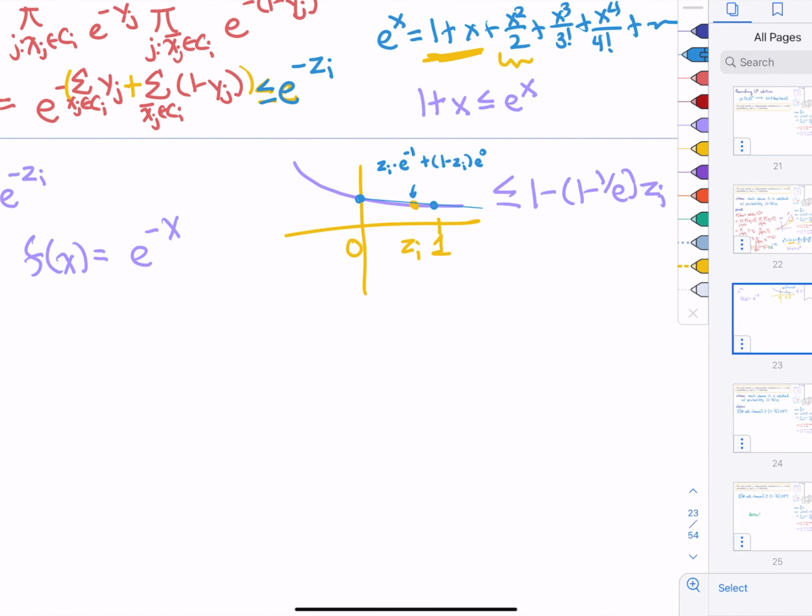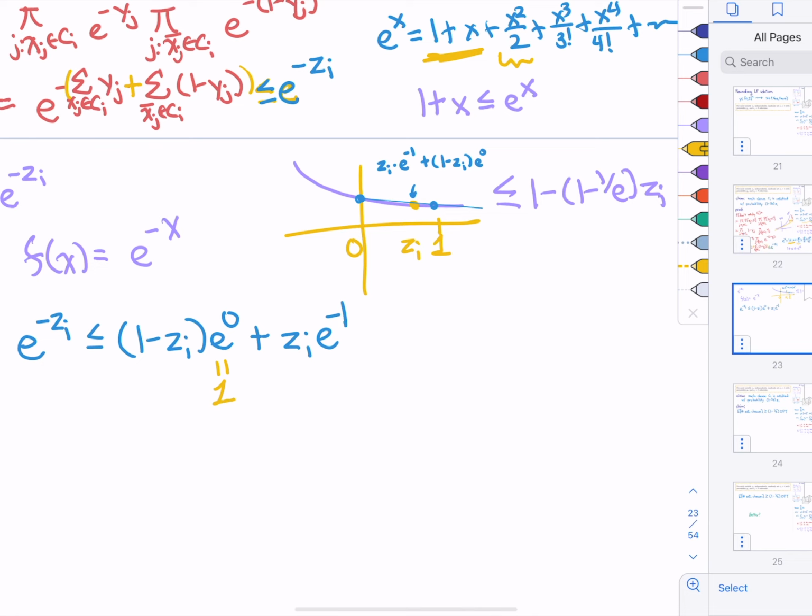Now if we put that together, we get e to the minus zi is at most 1 minus zi times e to the 0 plus zi times e to the minus 1. So this is just a convex function, the line, the average of the 2 points being above the f of the average kind of thing. Okay. And, all right, e to the 0 is 1.